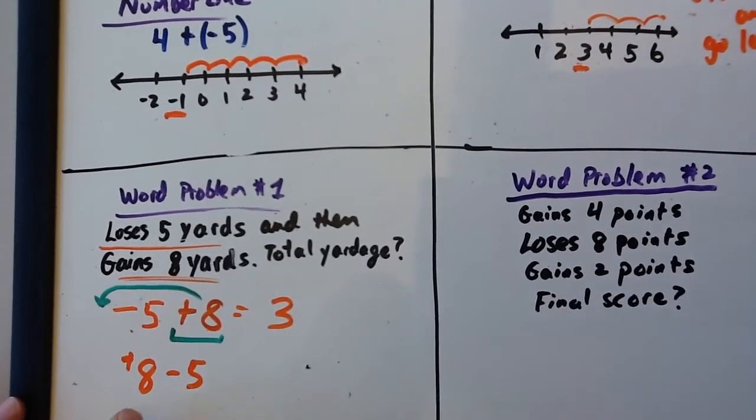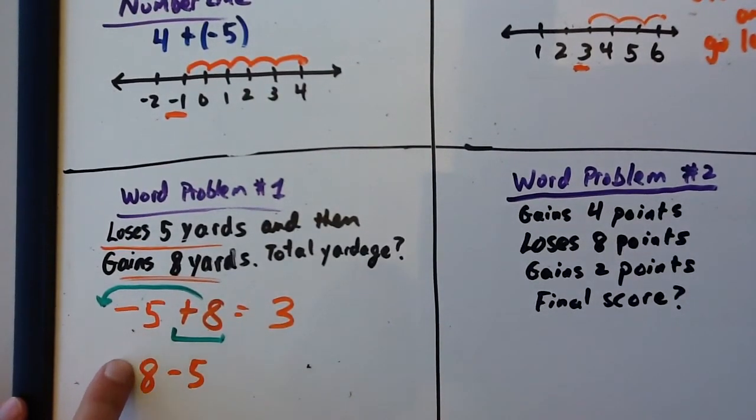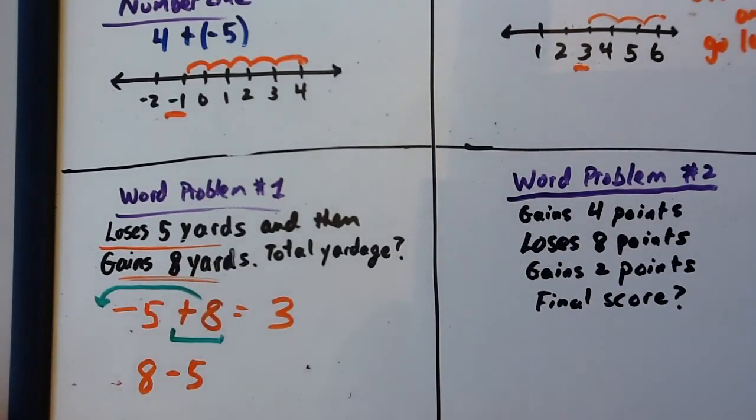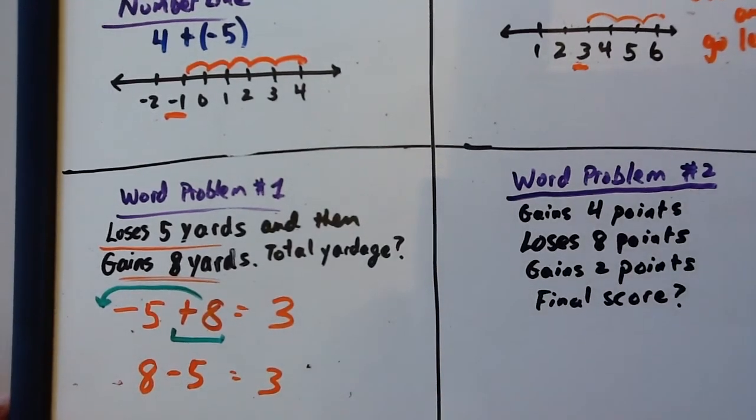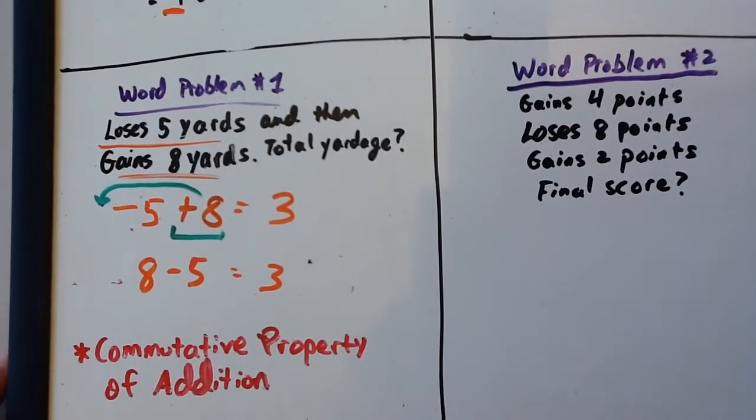Right? Well, if the number is positive, we don't really need the positive sign in front of it. And so what this becomes is 8 minus 5. And what's 8 minus 5? 3. Right? And the reason we can move the terms around is because of the commutative property of addition, which tells us that it doesn't matter the order that we add the numbers, we'll get the same sum.